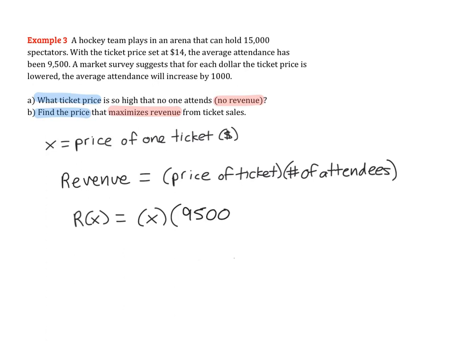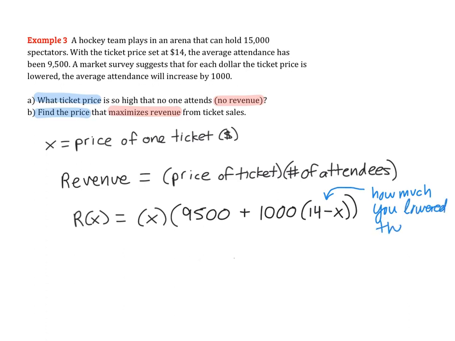And we know that for each dollar we decrease, we would add another 1,000 attendees. So we would add 1,000 attendees times 14 minus x. So this 14 minus x is how much you lowered the price.